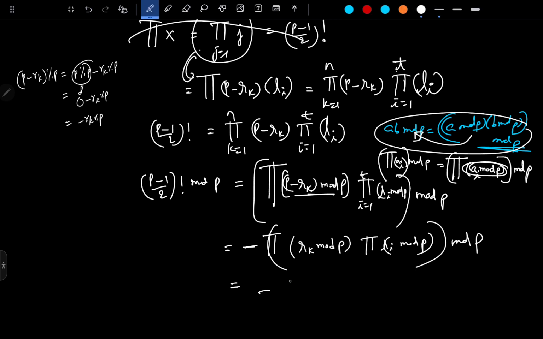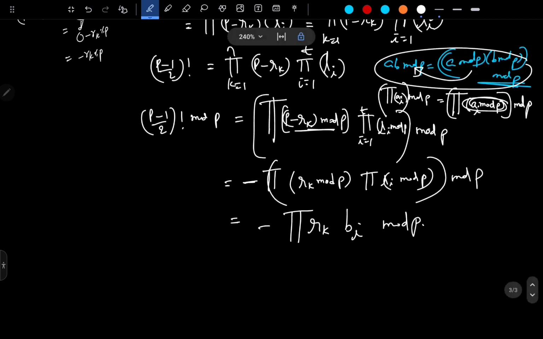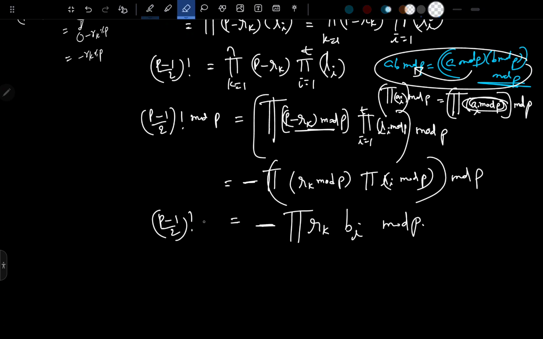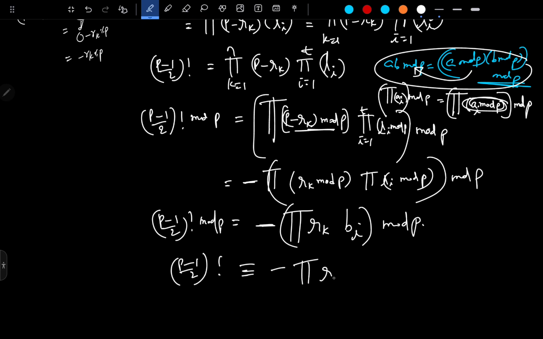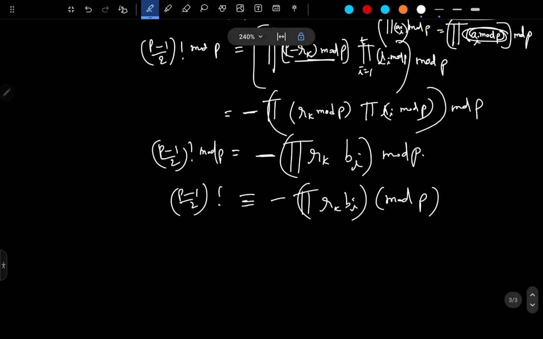So can I write like this, minus rk into li mod P. Again from this I can write it like congruent. Happy? You understand why I have written this?